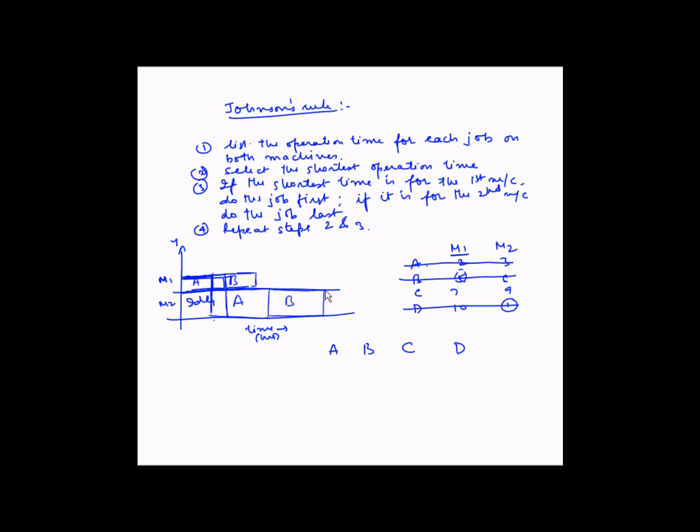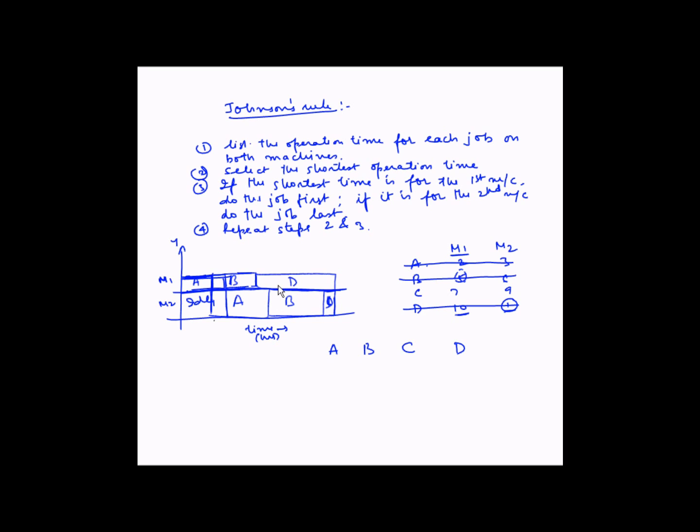So suppose you now take another job, say D, which has the shortest time of 1 on machine M2. If you process it here, the other time, that is 10, you will process on machine M1. So this will take the maximum time, which is 10.